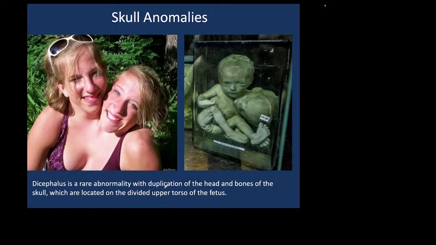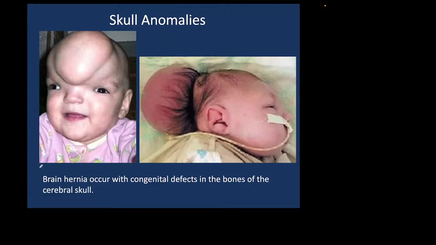Such anomalies like dicephalus mean that the baby has two heads on one body, and it is a very rare anomaly. Some hernias occur with congenital defects, and it may be on the frontal part, and sometimes we find the hernia on the occipital bone.